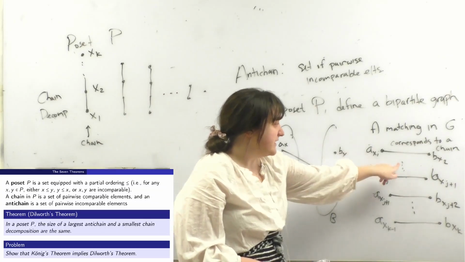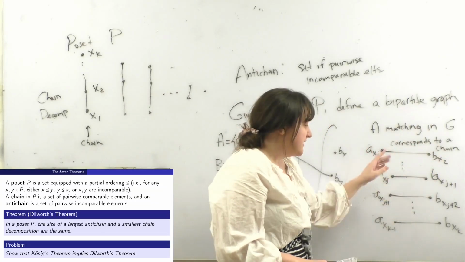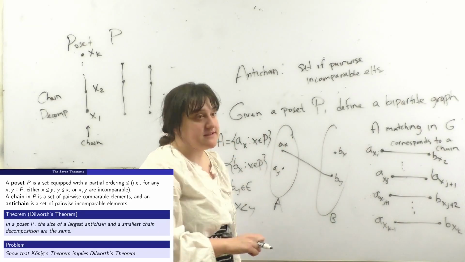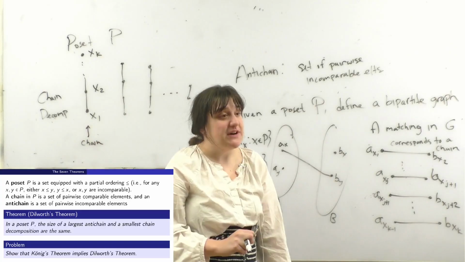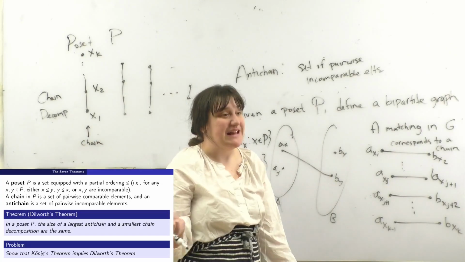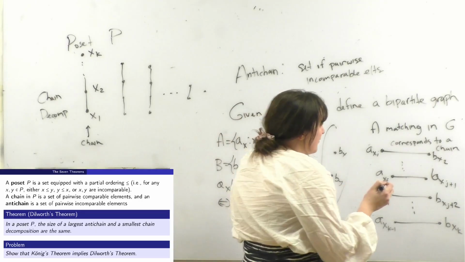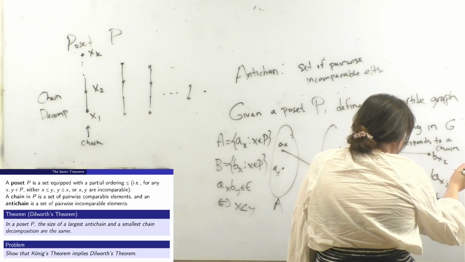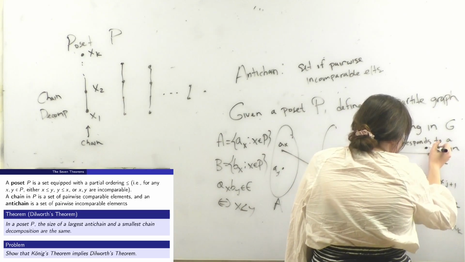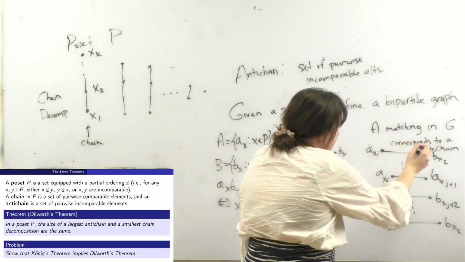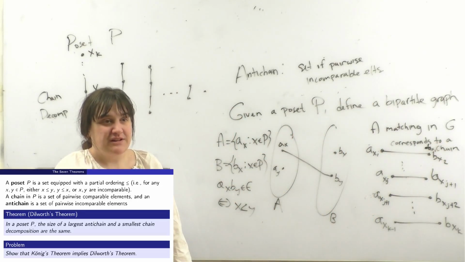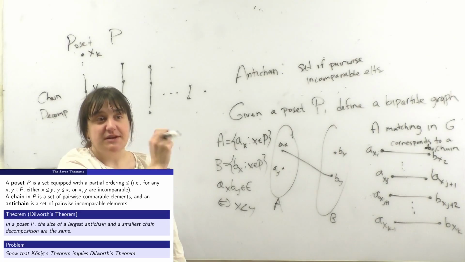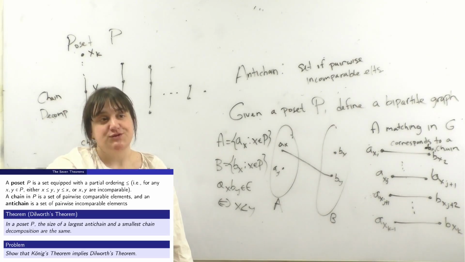Okay, and now x_1, x_2, x_3, up through x_k is a chain. And in particular, I can identify that my chain starts at x_1 and it ends at x_k because I know that b_x1 should not be matched over there. If b_x1 is matched to something in M, then I can find a strictly smaller element to augment my chain.